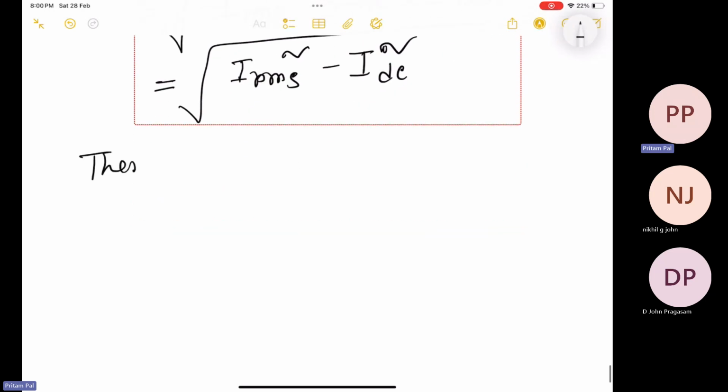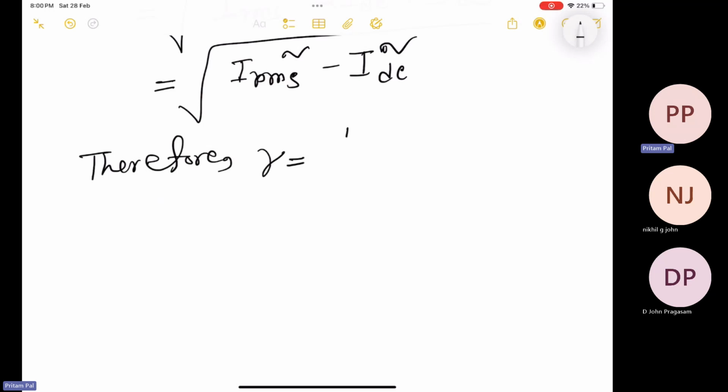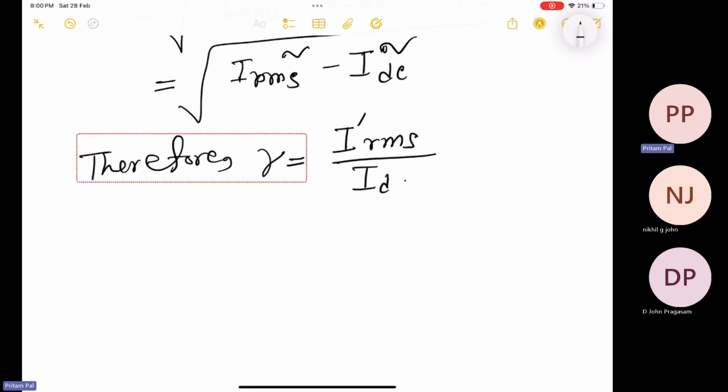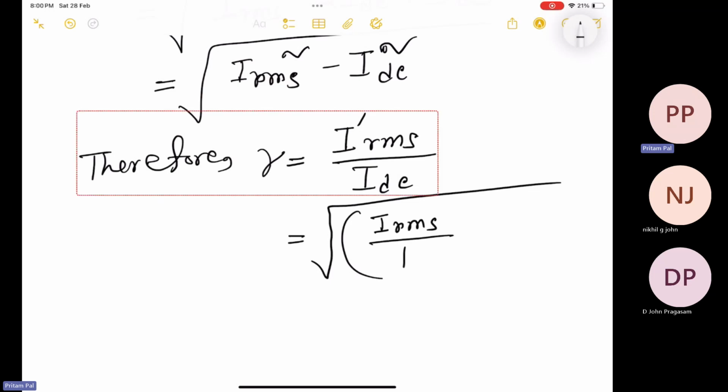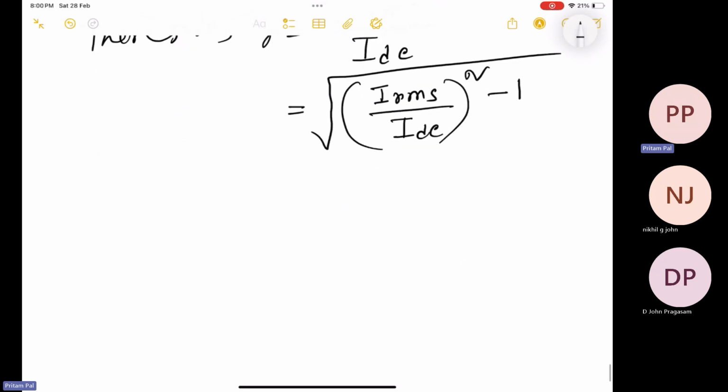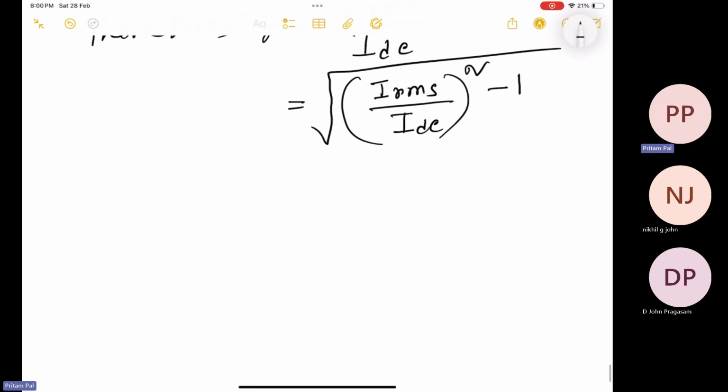Therefore, the gamma is I prime RMS by IDC. So we can also write it as the square root of (IRMS by IDC) square minus 1. This you already know from the earlier expression.